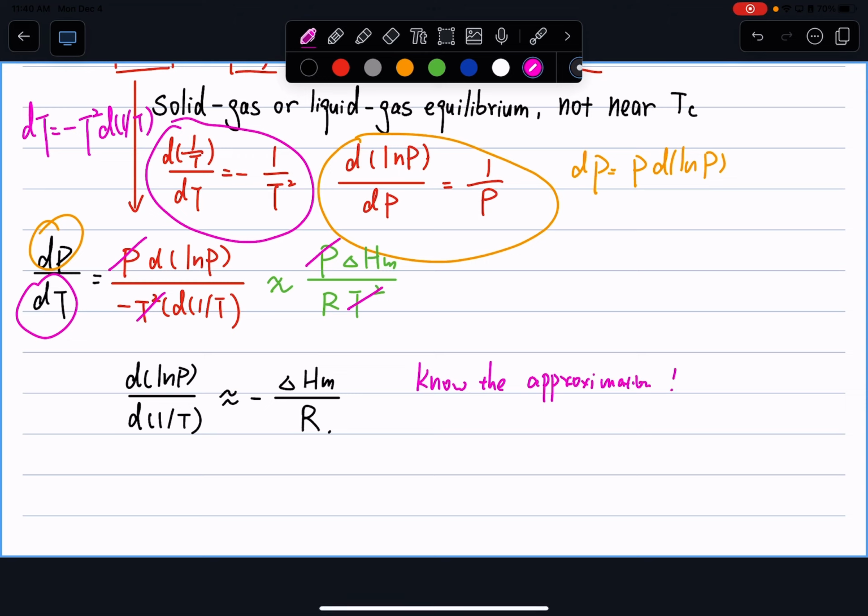For example, if I give you this expression and ask, is it still true near the critical point? Or is it generally true no matter where we are on the phase diagram? Then it will be a false answer to that statement. So whenever you read a statement, make sure you know what approximations we have.